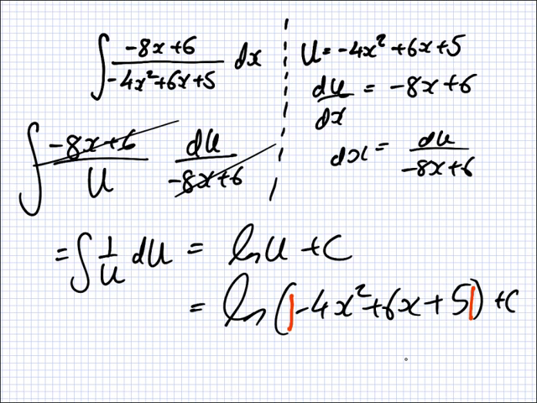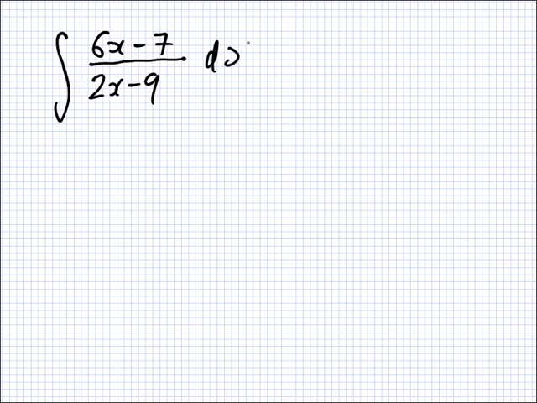Okay, can I go on to the next example? Yeah. So, next example. We want to integrate 6x minus 7 over 2x minus 9 dx. The good news is it's the same substitution. U equal to 2x minus 9.